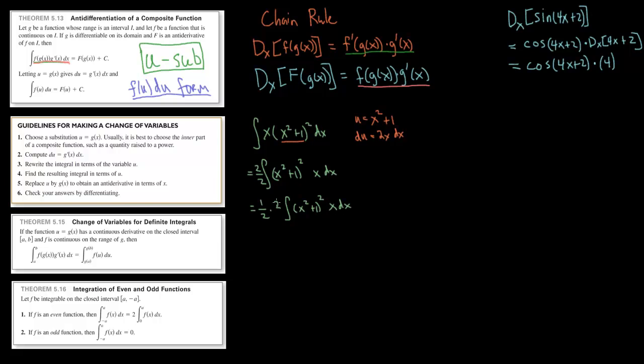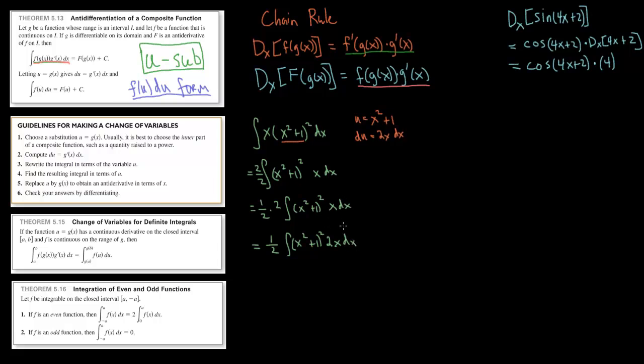And now what can I do with that? Just the 2. I can take the 2 that I need and put it right here and leave the 1/2 out front. They're both constants. We can take constants in and out of the antiderivative. And so we have now x squared plus 1 squared times 2x dx.